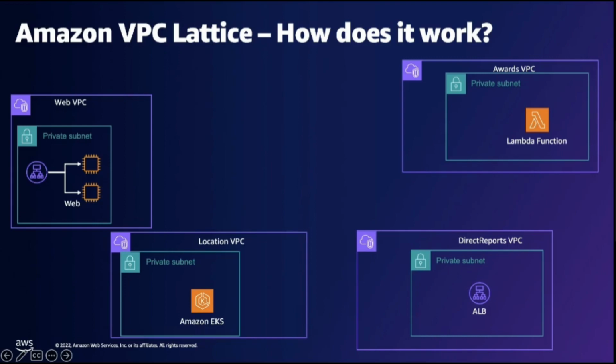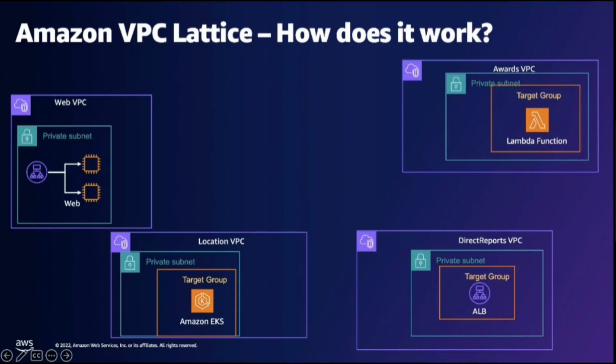Now, how VPC Lattice helps with this is that there is a concept called a target group. It's similar to application load balancer target groups. It's basically a collection of resources that you want to have pointed to by a particular service. So we pretty much implement the same thing. VPC Lattice pretty much acts as a proxy, so it will be redirecting traffic to these target groups that we have configured.